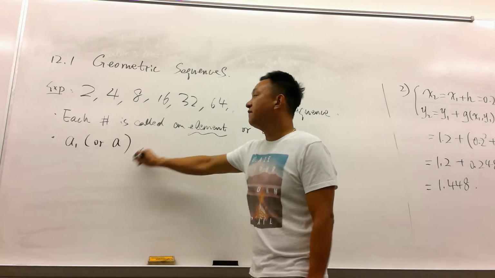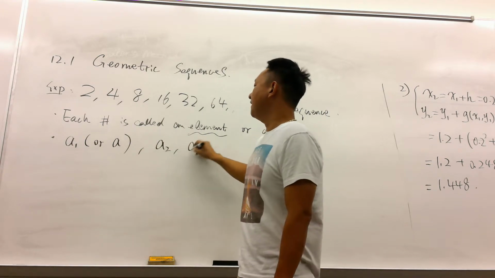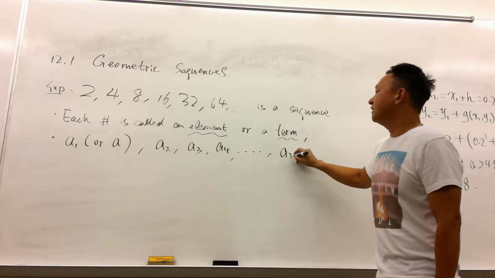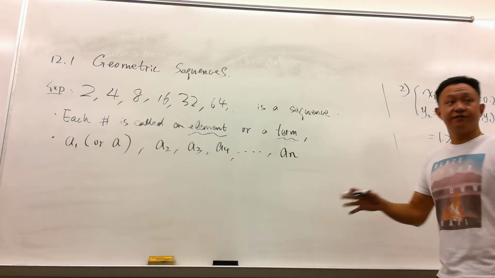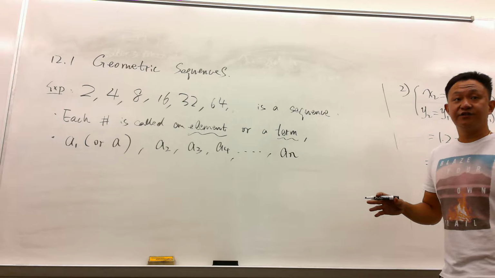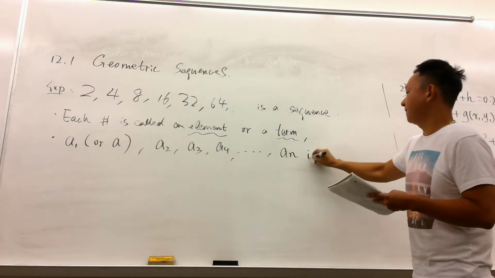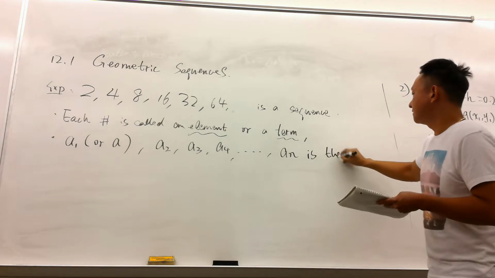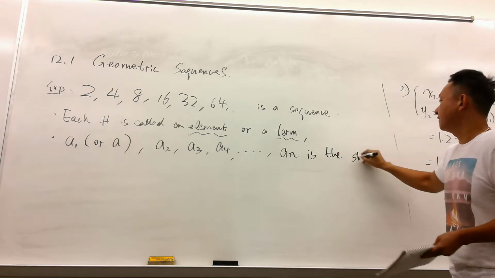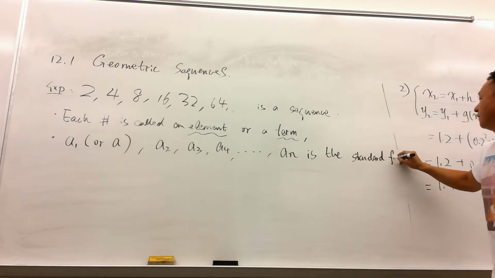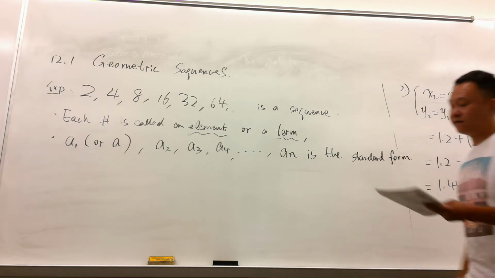And A1, A2, A3, A4, and so on, up to AN. This is the standard way to present a sequence, not just a geometric sequence. It's any sequence. It's the standard form of a sequence.